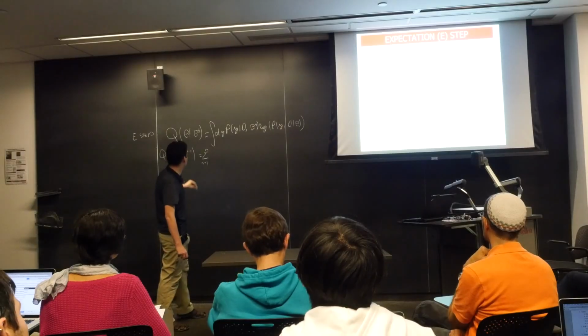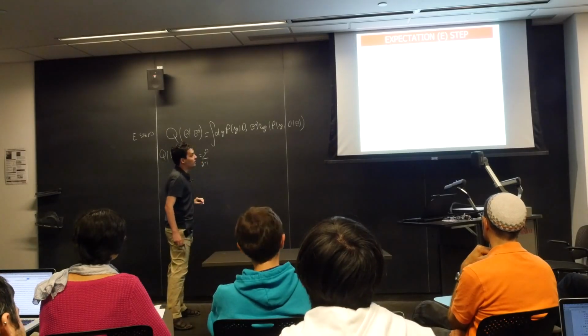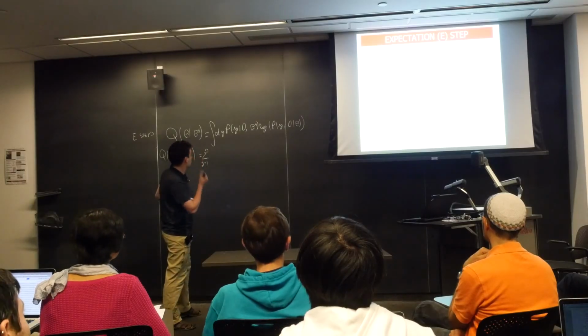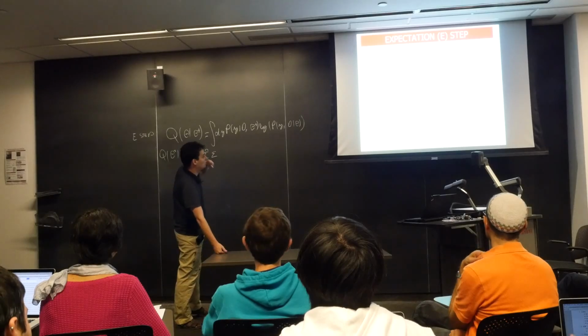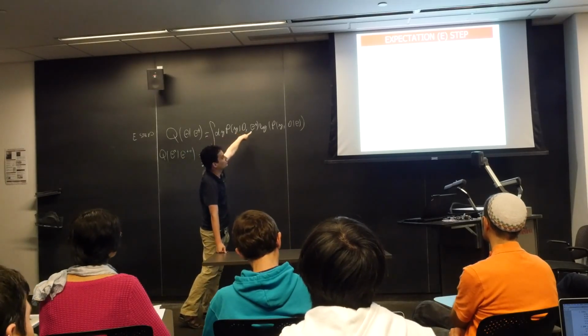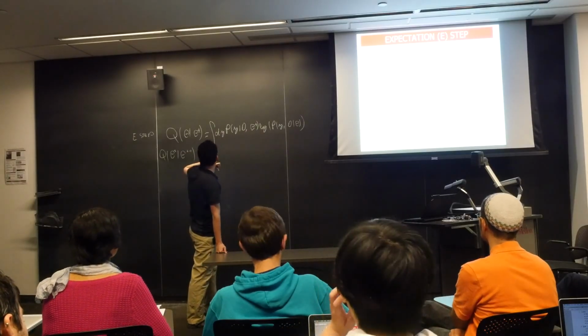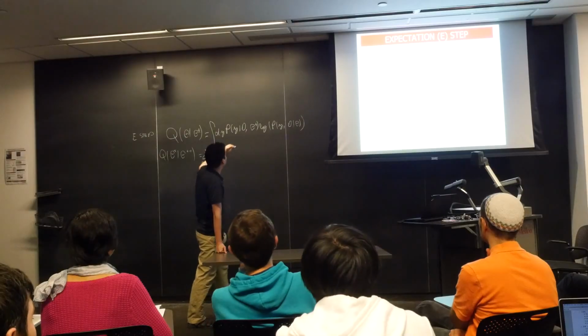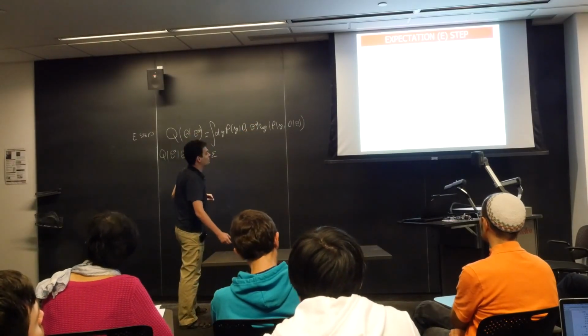So sum from, I use j, j goes from 1 to n, and the probability of y given the data and parameters, let me use t minus 1.